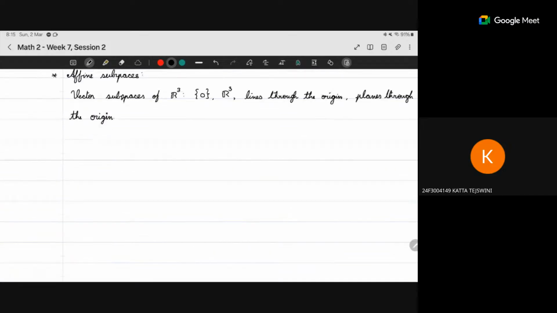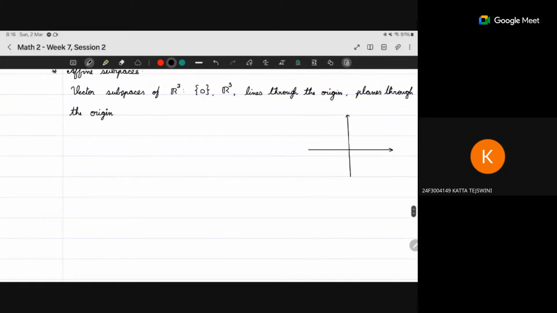Even though these are all the vector subspaces of R3, and we say that a linear structure is easy to work with, that is sort of the philosophy. A line like this also has a linear structure, in the sense that the points on the line are arranged in a linear fashion.